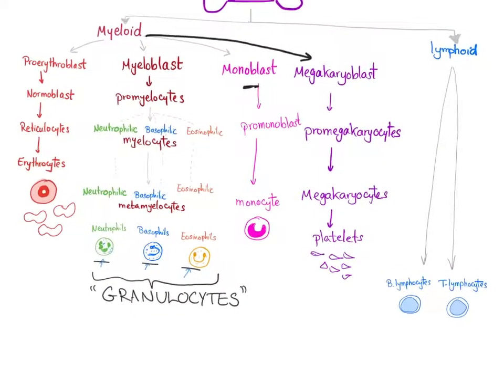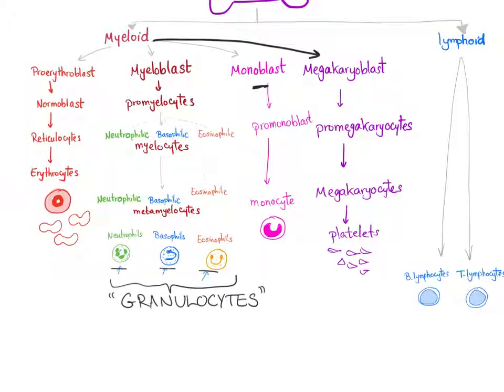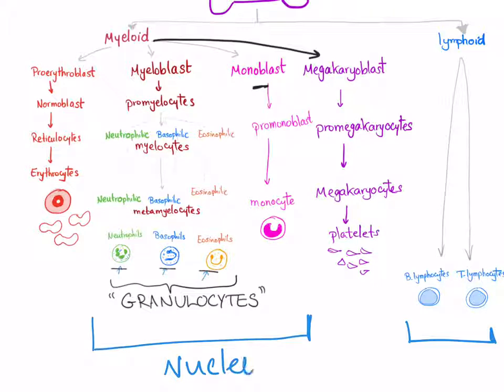Megakaryoblast will change into promegakaryocyte, then megakaryocyte, then platelets. Okay, take care, only the white blood cells here, only those white blood cells from here to here, and those also are white blood cells. Those have a nucleus. The others are anuclear.